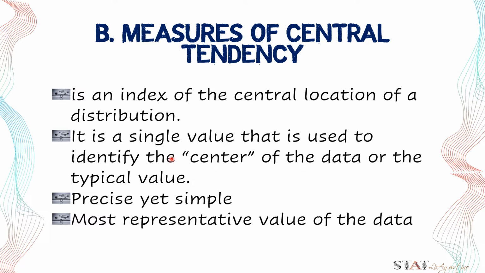You just give me one single value, and I will have an idea of the characteristics or the capacity of your church. For example, the average tithe of our church members is 10,000. Then I will already have an idea: oh, this church is really bountiful, a tithe giver. Just by giving a single value, you can identify the center of your data. It is the most representative value of that data.